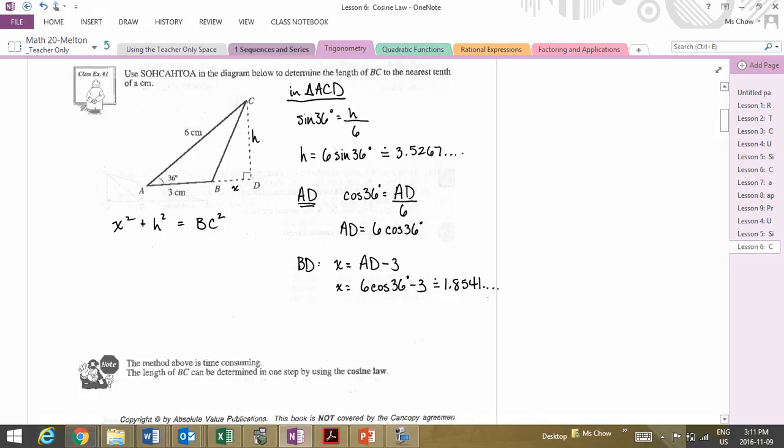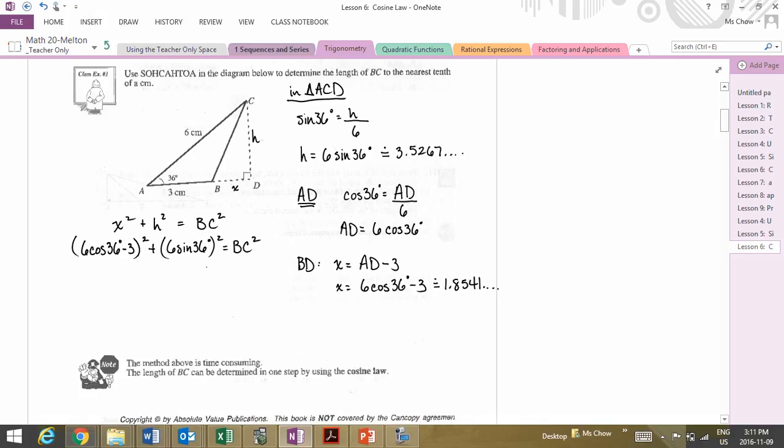So I could substitute the actual numbers in, and some of you may feel more comfortable putting the actual numbers in. Others of you who are comfortable working with the expressions might say, hey, X is actually 6 cosine 36 minus 3. So I'll put down 6 cosine of 36 degrees minus 3, and then I'll square that, plus h, which is 6 sine 36 degrees, and I will square that, and that will equal BC squared.